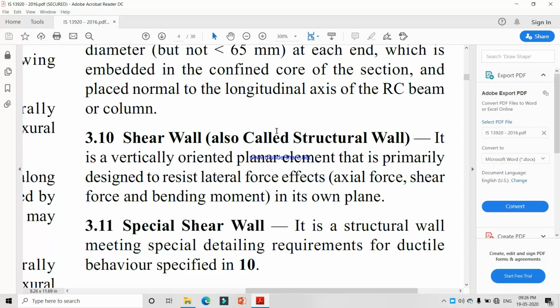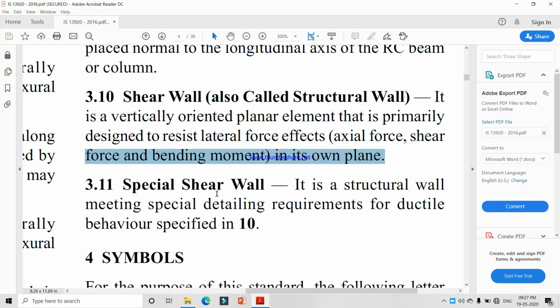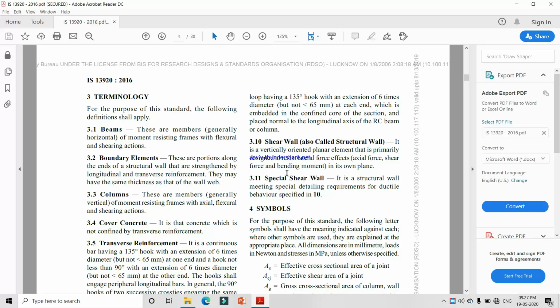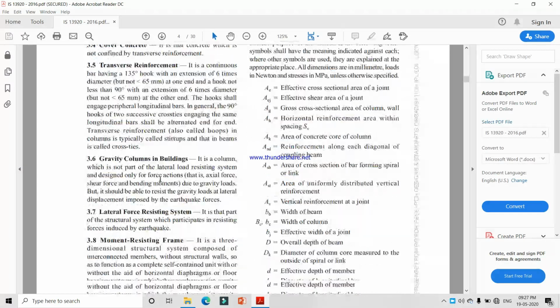Shear wall: a shear wall is a vertical member primarily designed to resist lateral force effect, axial load, shear force and bending moment in its own plane. Special shear wall: there are three types of shear wall, which I will discuss in the special shear wall section.